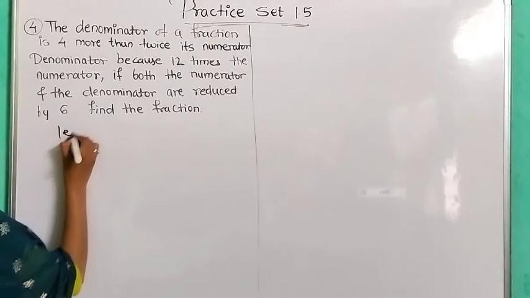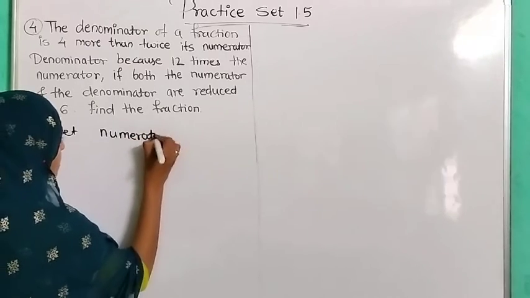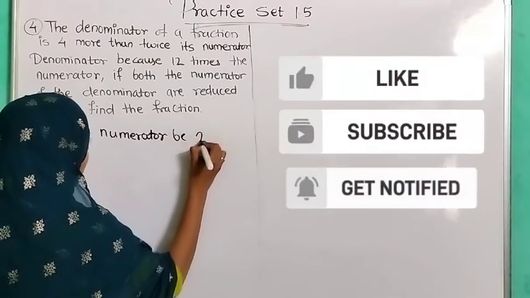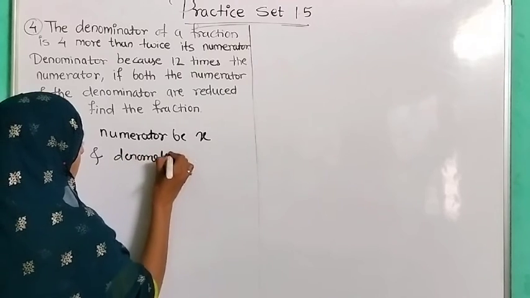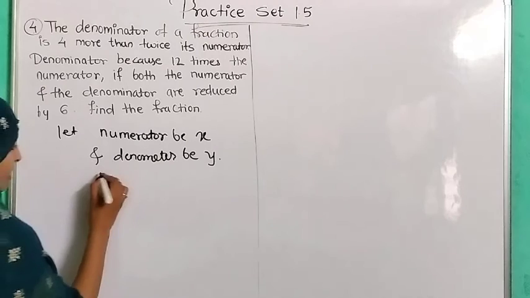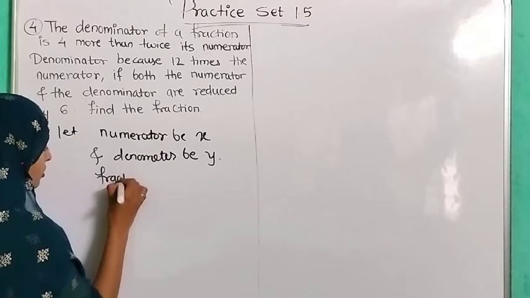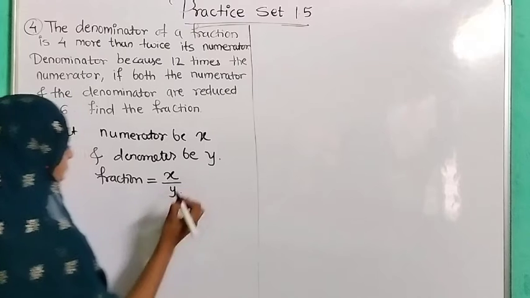So let numerator be x and denominator be y. Means the fraction is equals to x by y.